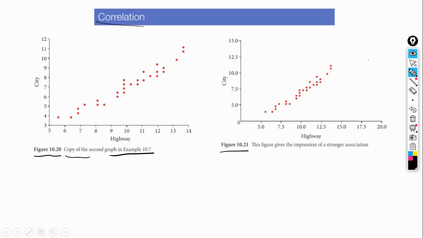There has been a change in the scale on the vertical axis. So both scatter plots really represent the same situation. That means that we will need a different tool or a more robust measure to support our graphical impressions. And this measure is the correlation coefficient.